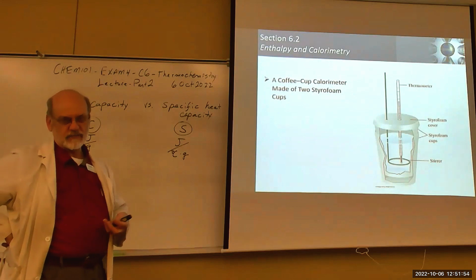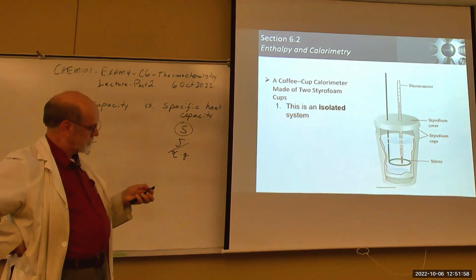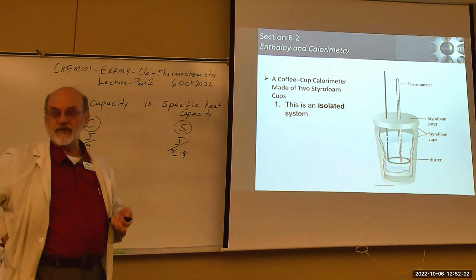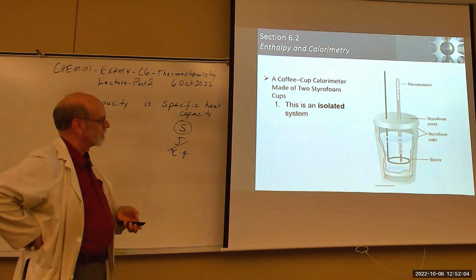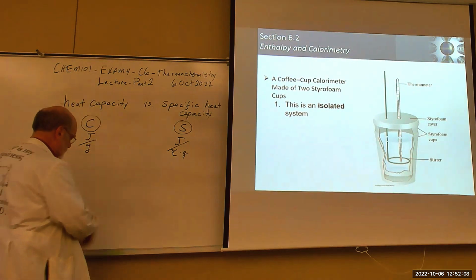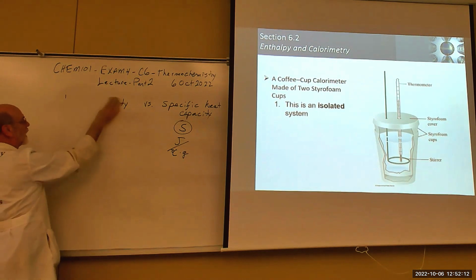And that affects your outcome. So what we're going to do is be careful, and we're going to use this thermometer and stir it with the thermometer. Okay. Now, going back to what I described in part 1.